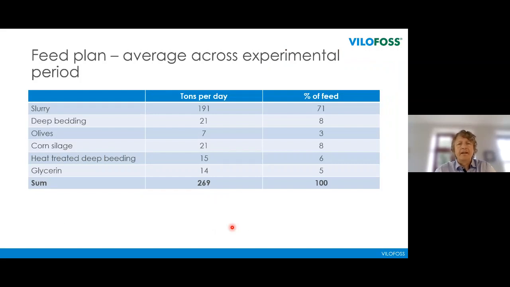Here we see the feed plan. The majority of the feed was slurry, deep bedding, olive, corn silage, heat-treated deep bedding, some glycerine. Yeah, and around 270 tons were supplemented to the digester tank each day.